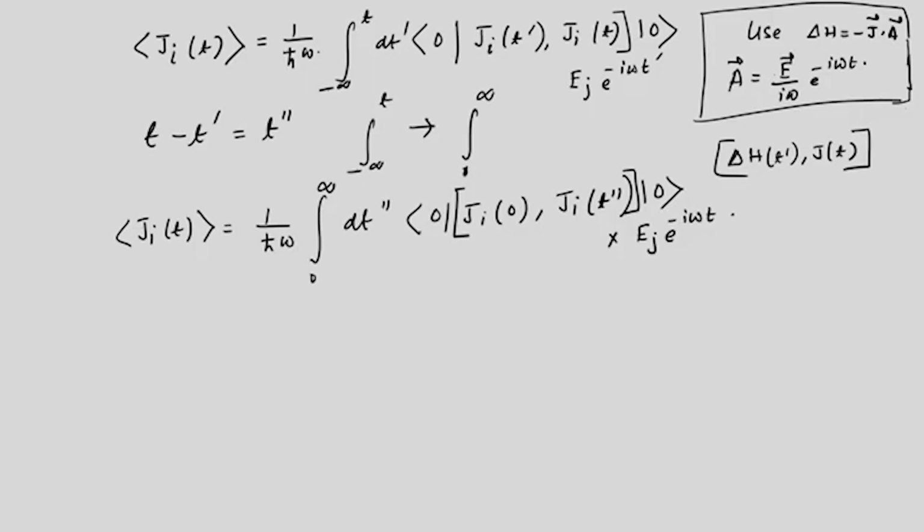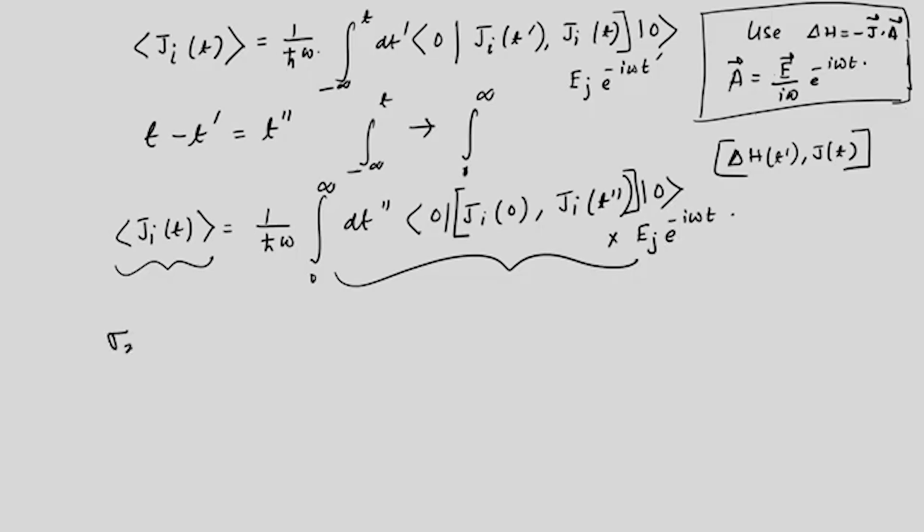So this gives you the linear response of the conductivity. Remember the relation, Ohm's law, J equal to sigma E. Now you have calculated J, which is the expectation value of J, and this is equal to sigma times E, which will have an exponential of minus i omega t here.